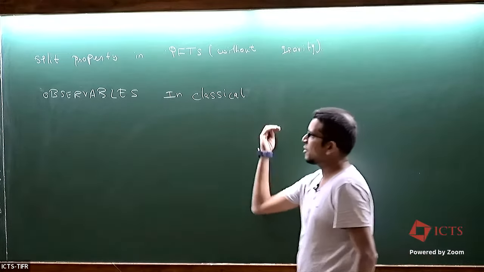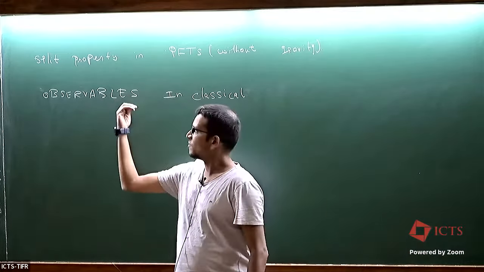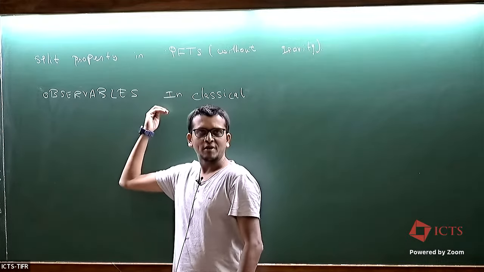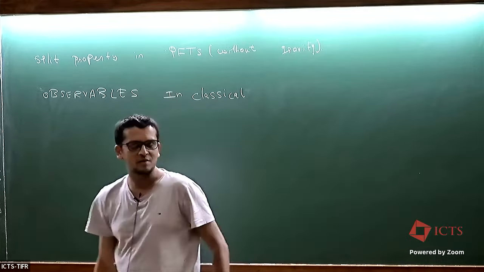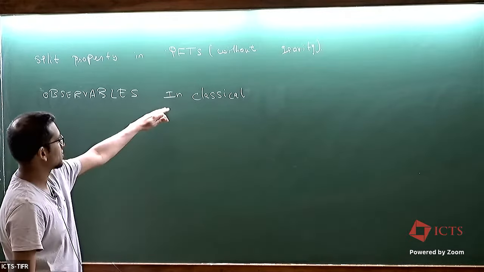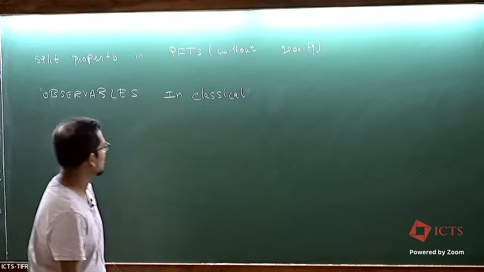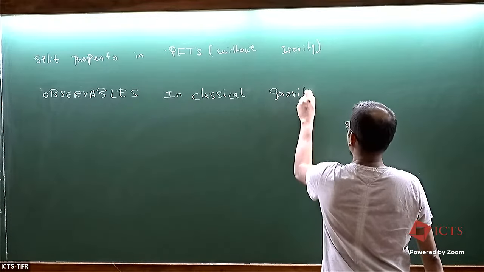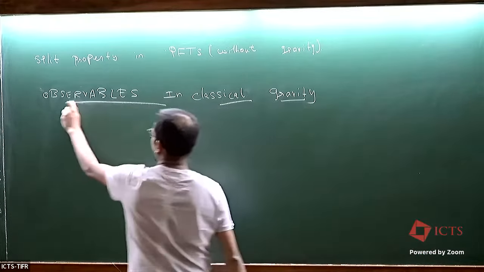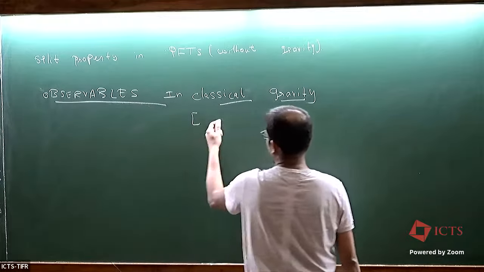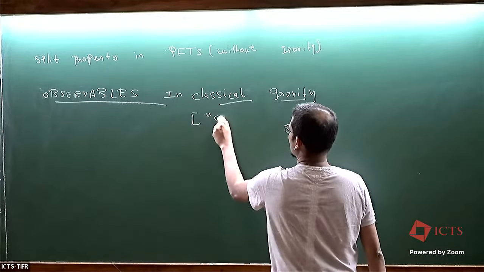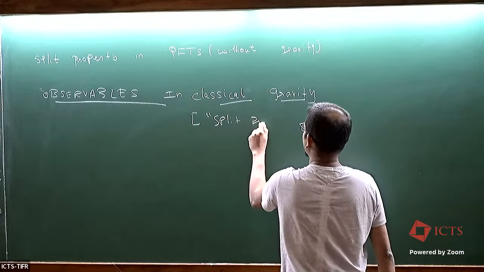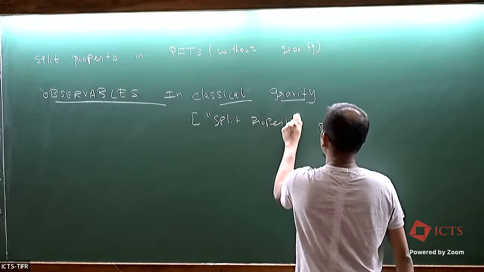So if you want to recast quantum gravity in this formulation, it is better to first have a handle on what the gauge invariant quantities are. This is related to, as you will see, what I will put in quotes, split property in classical gravity.